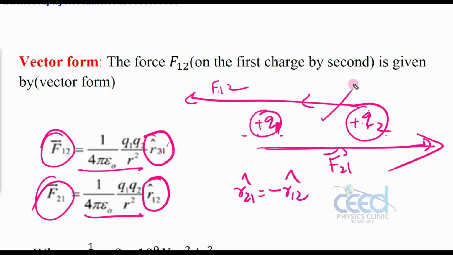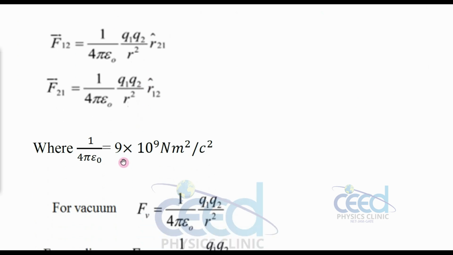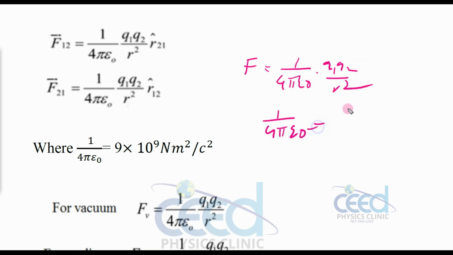Now this 1 by 4 pi epsilon 0, what is its value? That is 9 into 10 raised to 9. We have seen F is equal to 1 by 4 pi epsilon 0 q1 q2 by r square. So this 1 by 4 pi epsilon 0 we can write as F r square divided by q1 q2. Now the unit of F is Newton and r square is meter square.